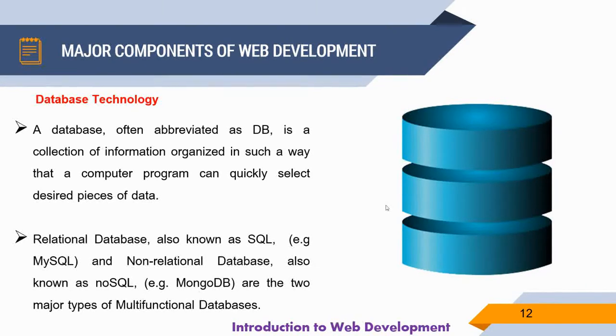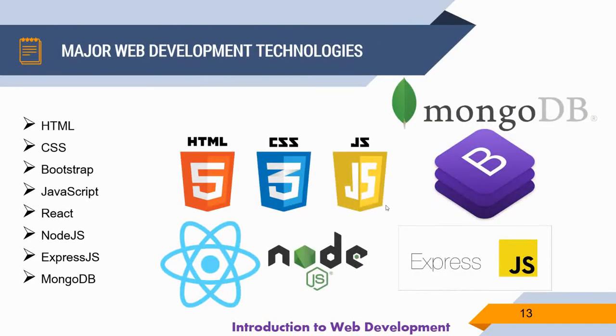Example of SQL is MySQL, while example of NoSQL is MongoDB. MongoDB is becoming popular now, and I believe at Silicon Gist we are also going to organize a course on that.